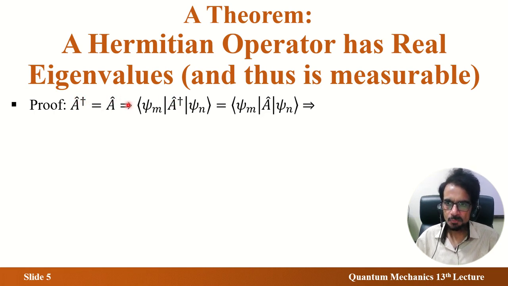The next step, you take the equation and multiply with a ket, psi n, on the right side, psi n here, psi n here. And on the left hand side, you multiply both sides with the bra psi m. Psi m bra here, psi m bra here. That's how it is written. So, simple.